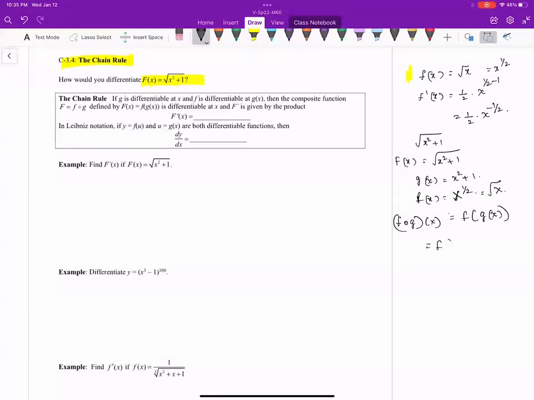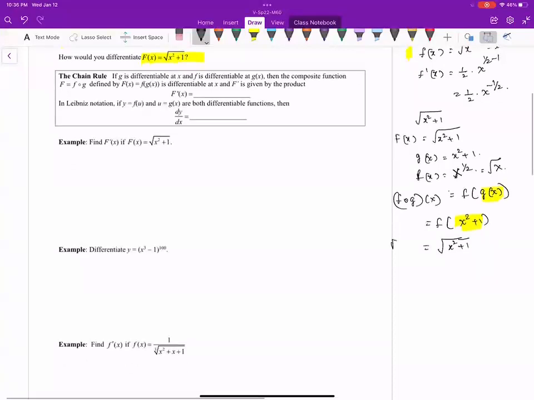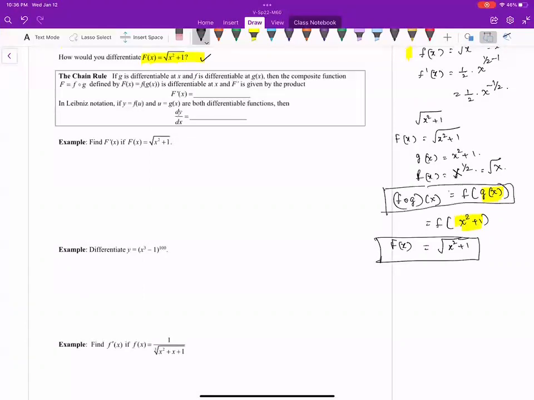So it is f of inside out, inside first, which is x squared plus 1. Then we have to do the outside. The outside is square root of x, and that x gets replaced by the inside. So this is our f of x. So the given function square root of x squared plus 1 can be written as a composite of two functions, f and g.